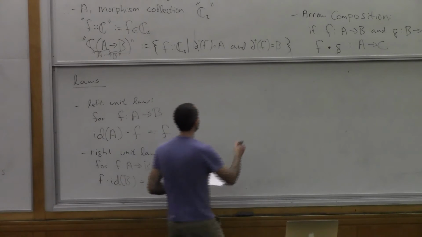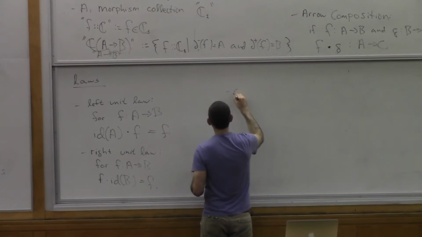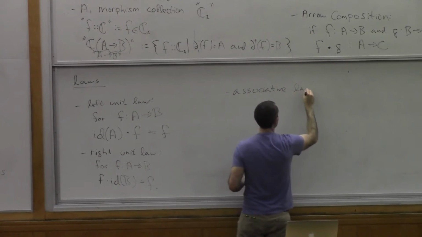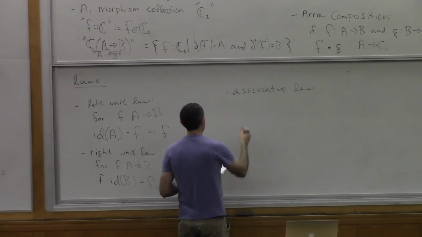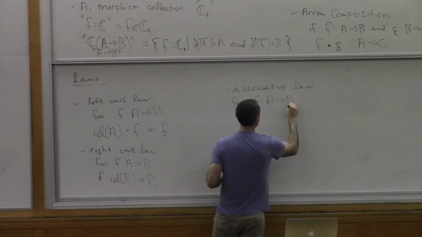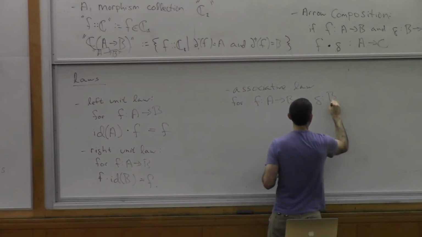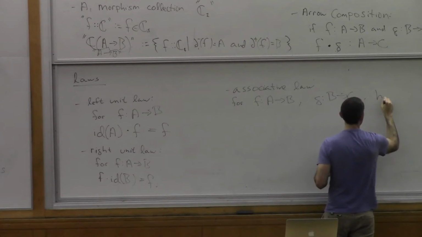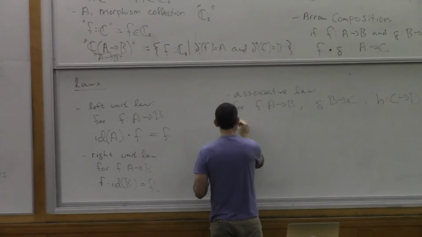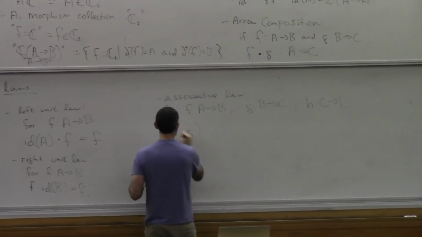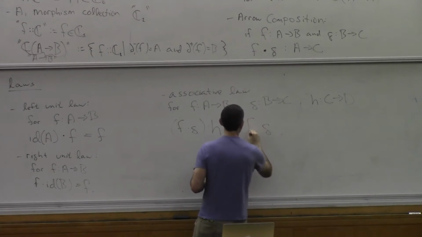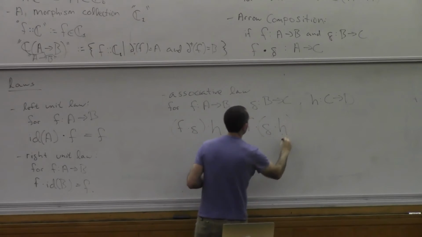And finally, we have the associative law of composition, which says that if we have three arrows, like this, then if I first compose the first two, and compose the result with the third, it's the same thing as if I took the first one and composed it with the result of composing the second and third one.